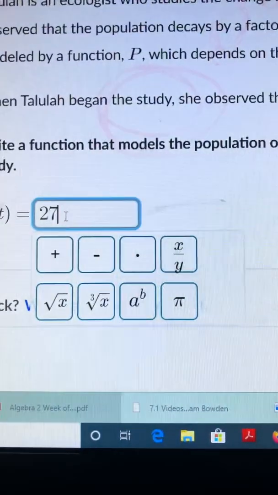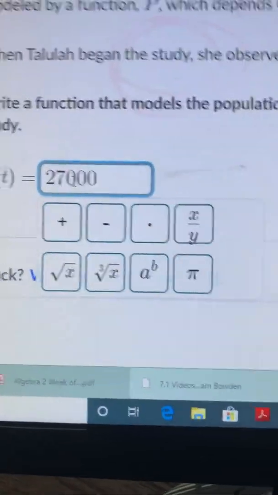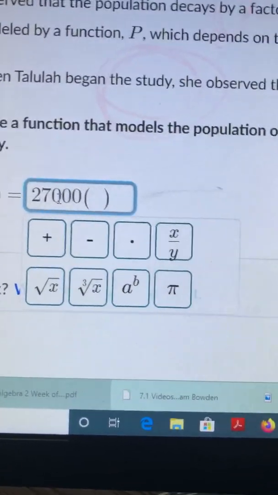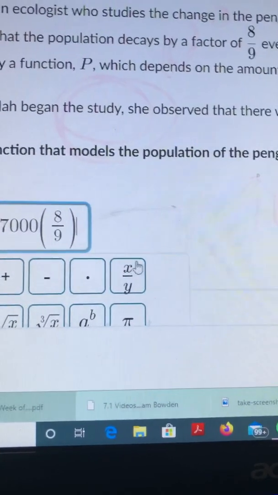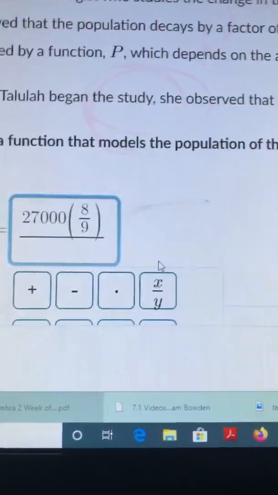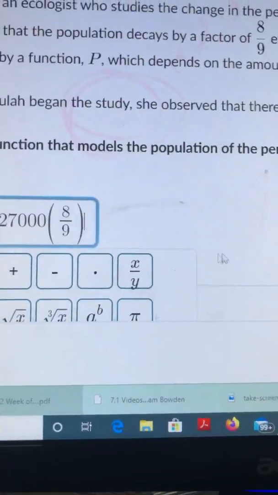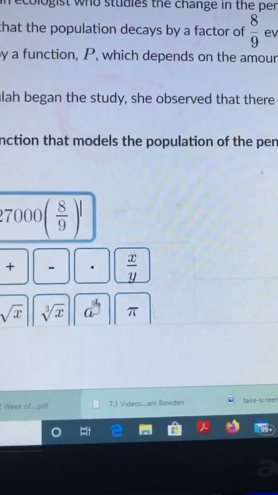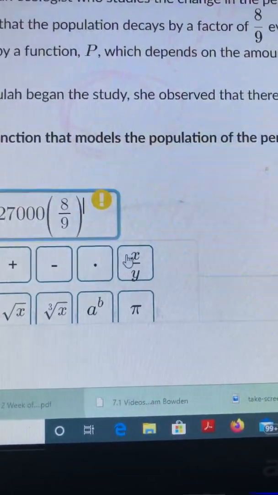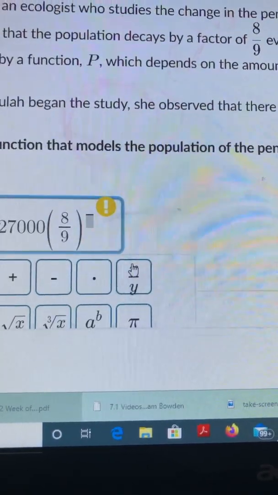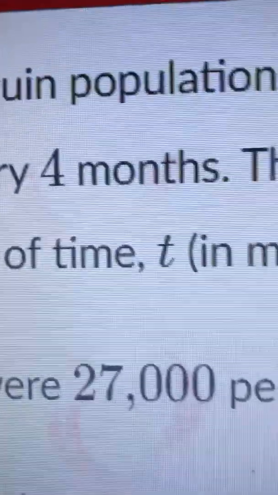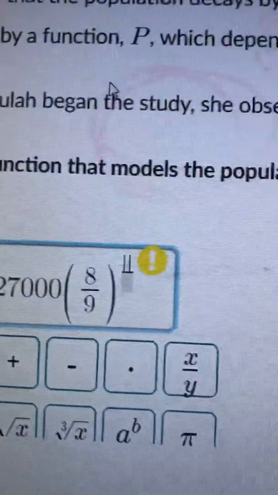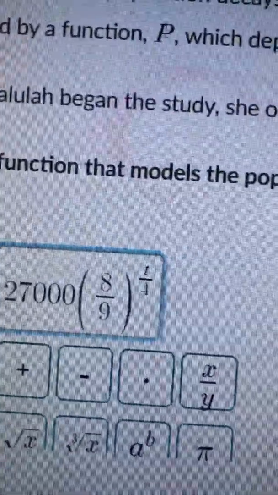So let me put 27,000, parentheses, 8 over 9, because that's the decay factor. Then I got to get in the air, so I press that A to the B button. Then I press that fraction button. And it says decays by a factor of 8 over 9 every 4 months. So I'm going to put T over 4.